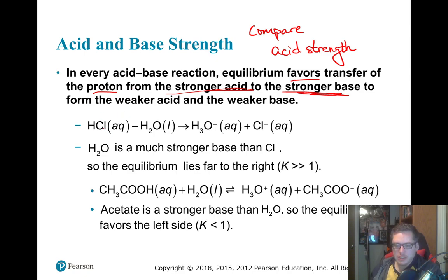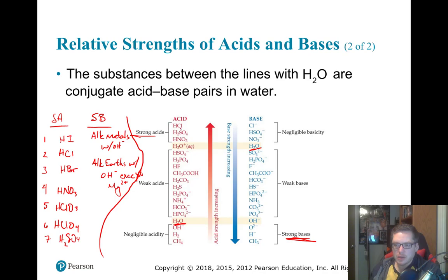So for example, we've got HCl, and we're going to find the two acids. From this side to this side, this would act like one acid, and from the other way, we've got hydronium, which would be our conjugate acid. So we're going to compare the acid with the conjugate acid. We find HCl is way up here, and H3O plus is down here.